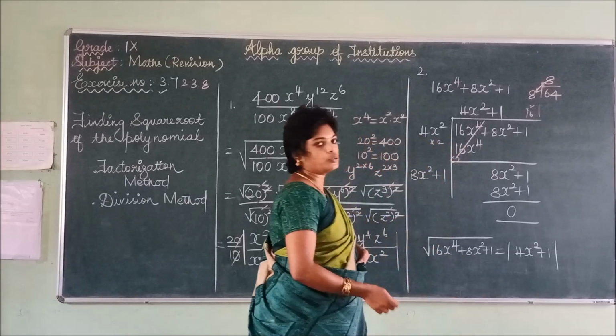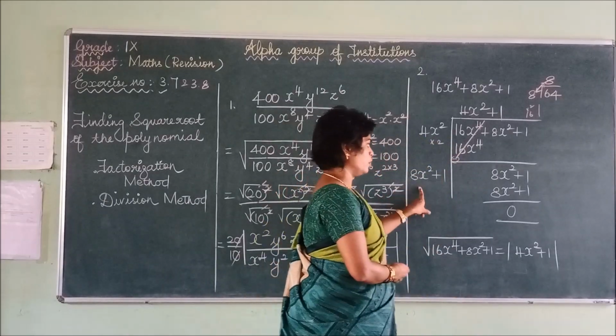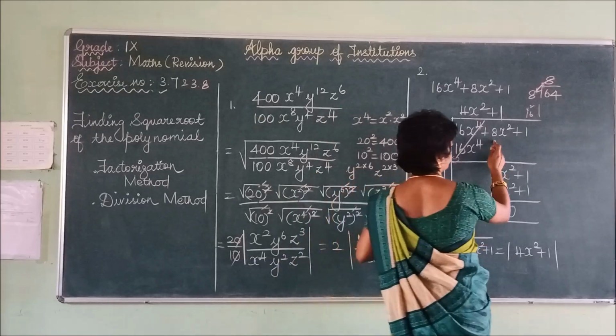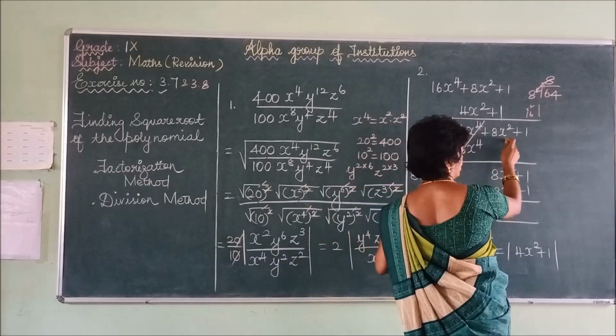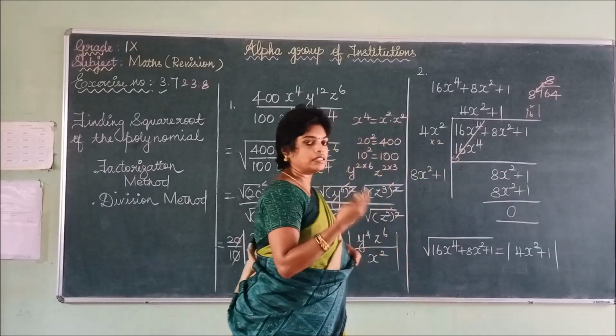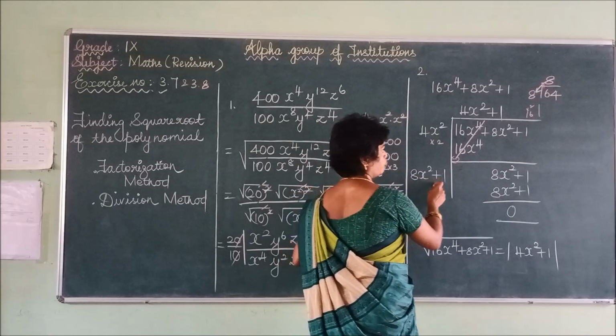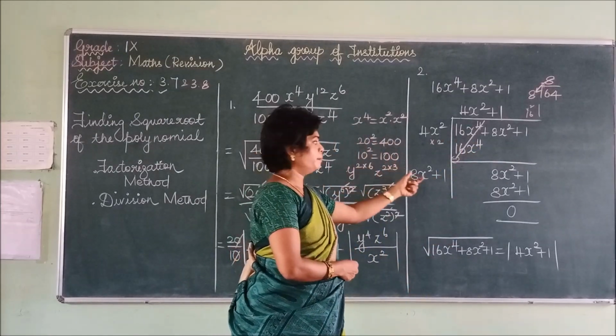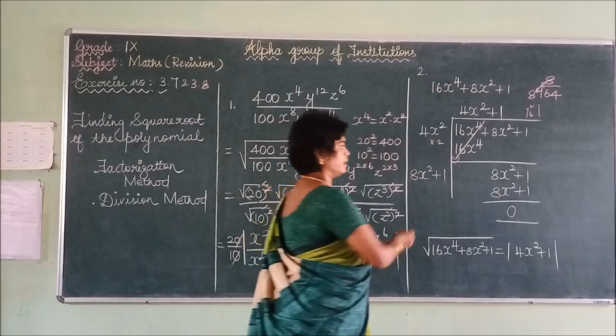So 4 2s are 8, this x squared, so you can keep that value as it is. So check it here. Already 8x squared is there. So the remaining term is plus 1. So when plus 1 comes, if you multiply both the terms, plus 1 into plus 1 only you can get.